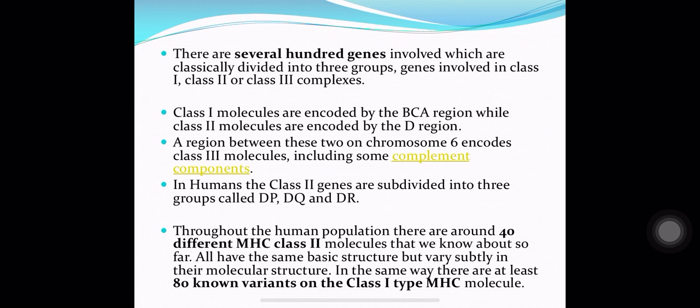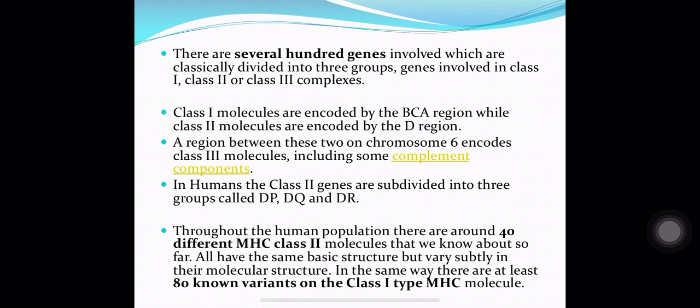There are several hundred genes in this group, and these hundreds of genes will code for different protein components of the MHC system. There are about 40 different MHC class 2 molecules known, and about 80 different class 1 MHC molecules known till now.